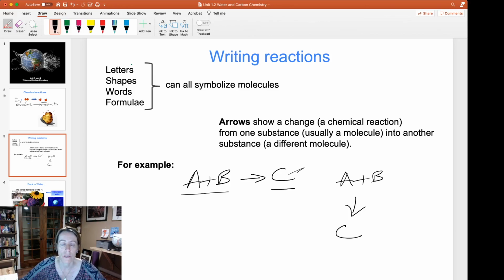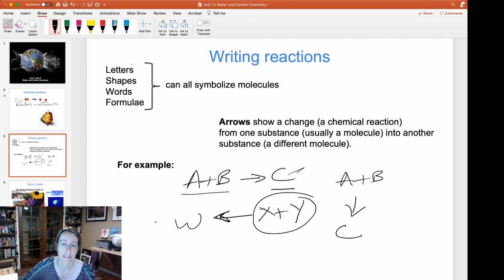I could go this way if I was feeling really adventurous, and I could say X plus Y goes to Z. So in this one, these would be my reactants, and this would be my product, because the arrow really tells me what's happening.